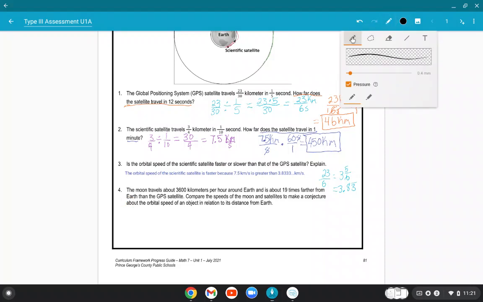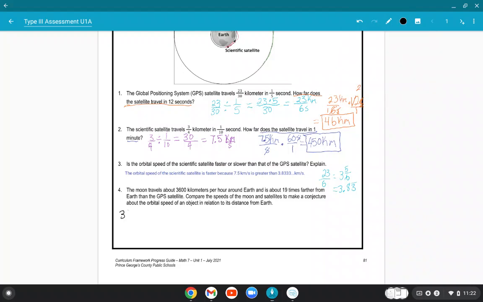That's all we need to do for that part. Now, I have 1 hour is 3,600 seconds. Cancel out the hours and cancel out the 3,600. I'm left with 1.